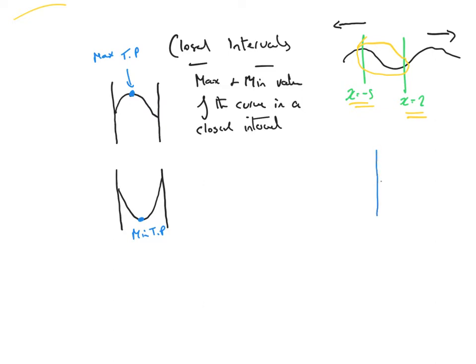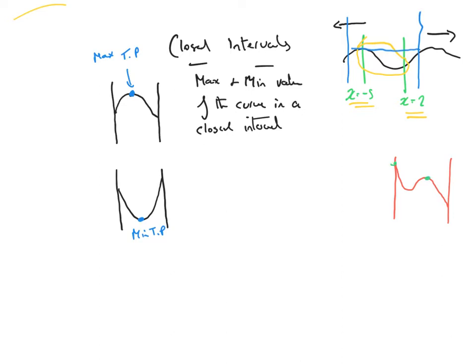Now, is it always the case then that if you've got a closed interval, the max value occurs at the max turn point and the min value occurs at the min turn point? And that's actually not necessarily true. Because let's have a look at this one. Now the max value of this curve, so how high up it goes, doesn't occur at the maximum turn point.